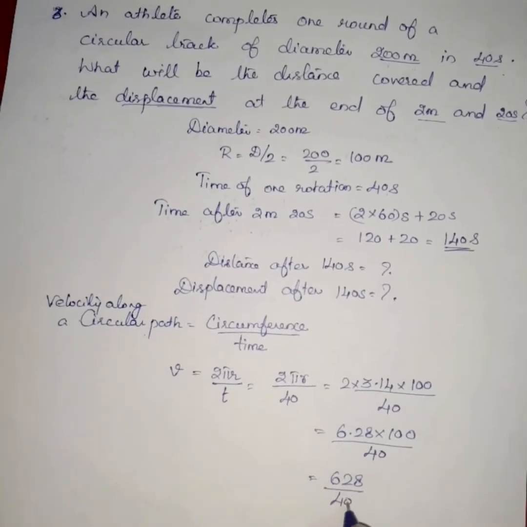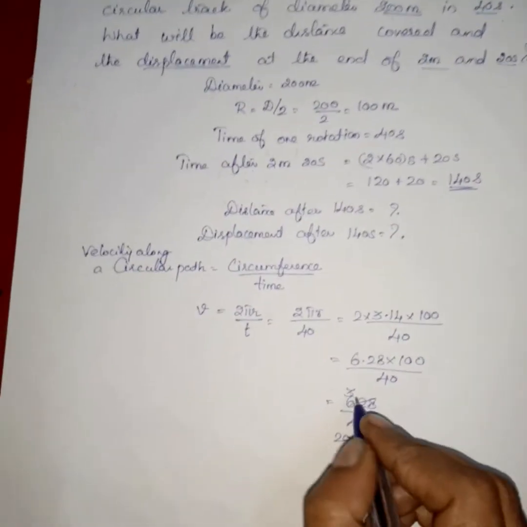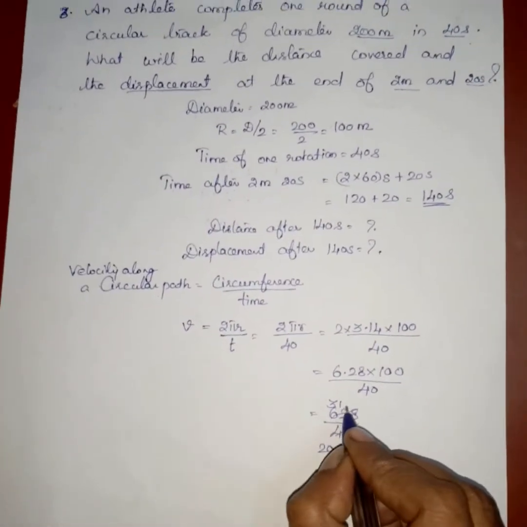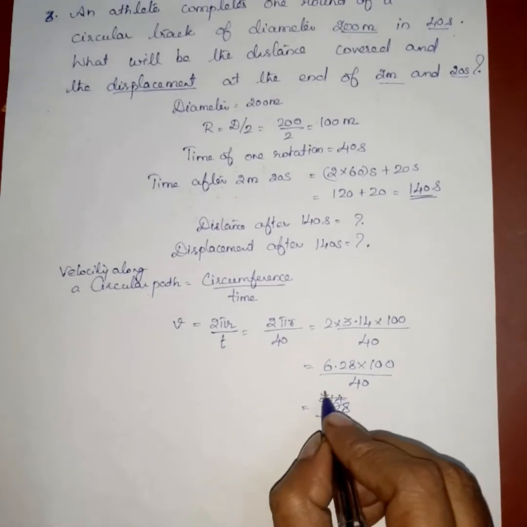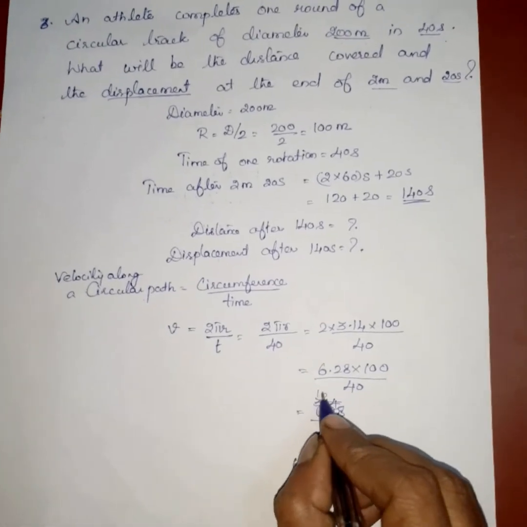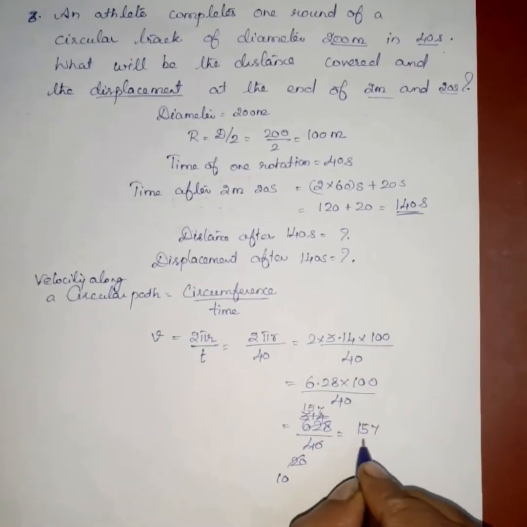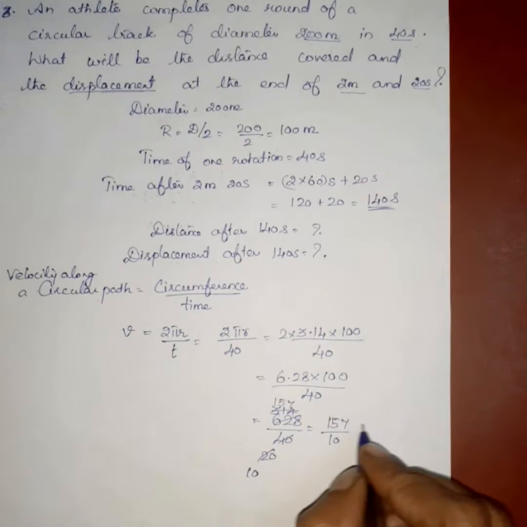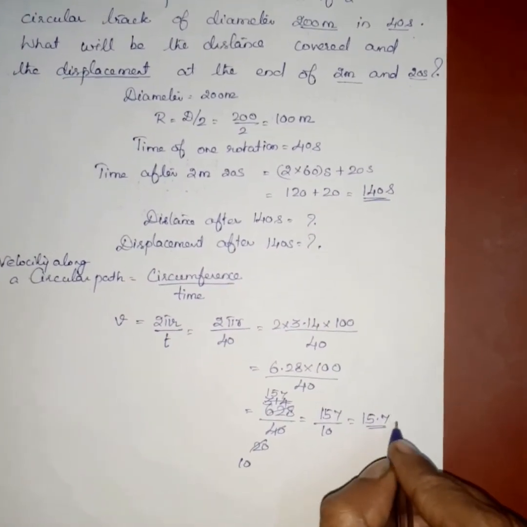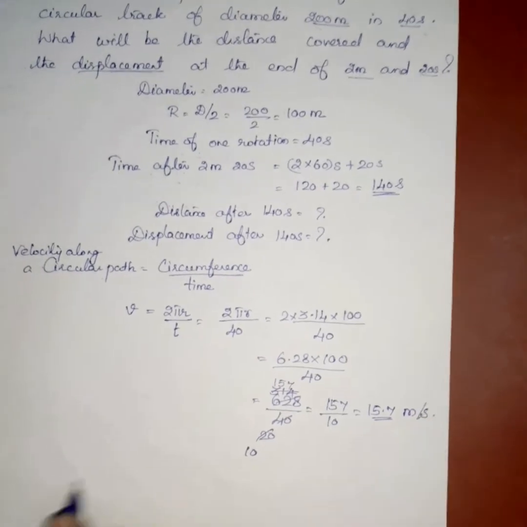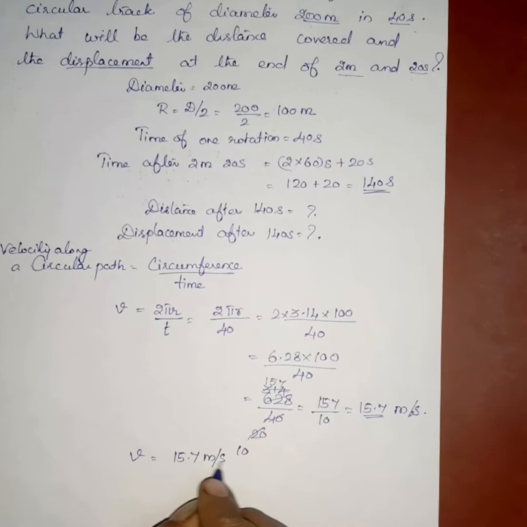Now, 157 divided by 10 is equal to 15.7 meter per second. So velocity is equal to 15.7 meter per second.